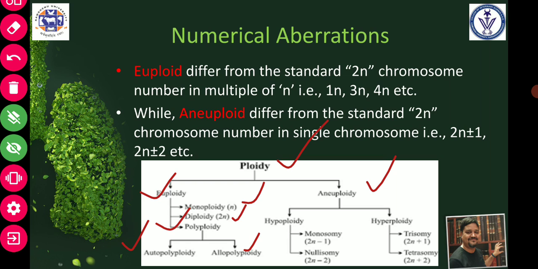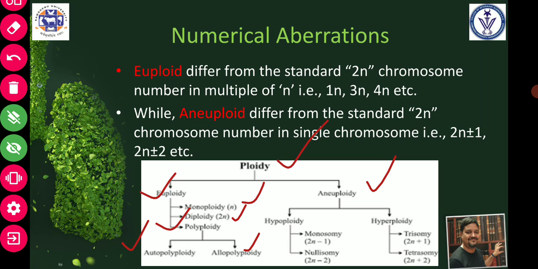Autopolyploidy means the chromosomes will be doubled; the source of chromosomes will be the same, and it will get doubled. Whereas allopolyploidy, allo means different. That means the source of chromosomes will be different. We will see this in the coming slides.